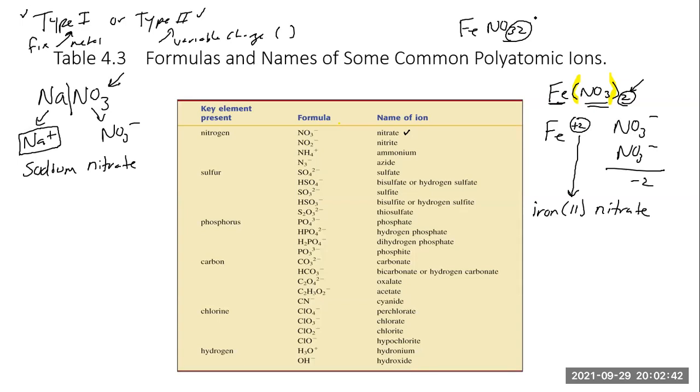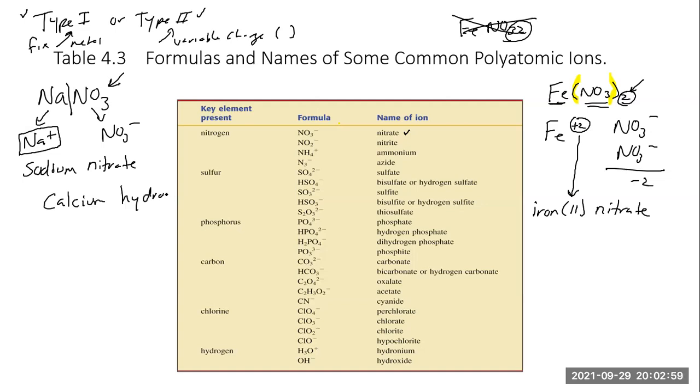So whenever you have more than one polyatomic ion, you do need to put parentheses around it and the number on the bottom.